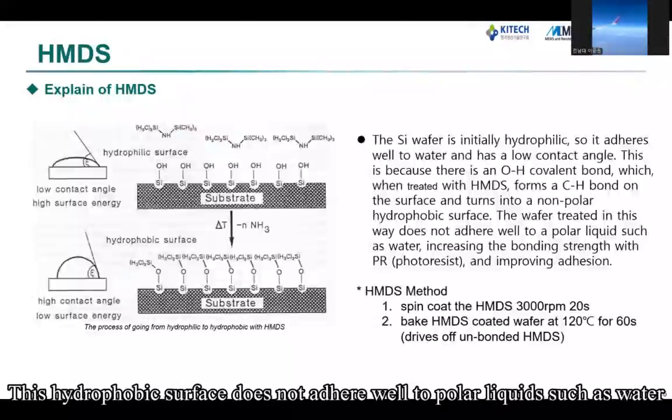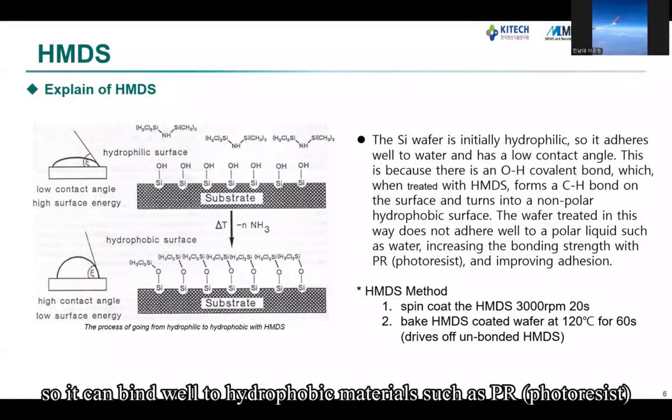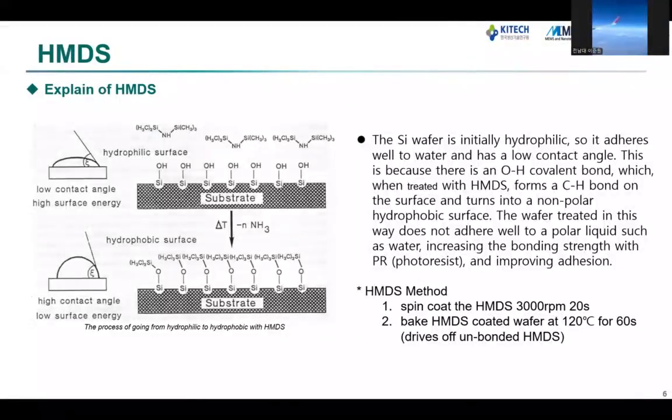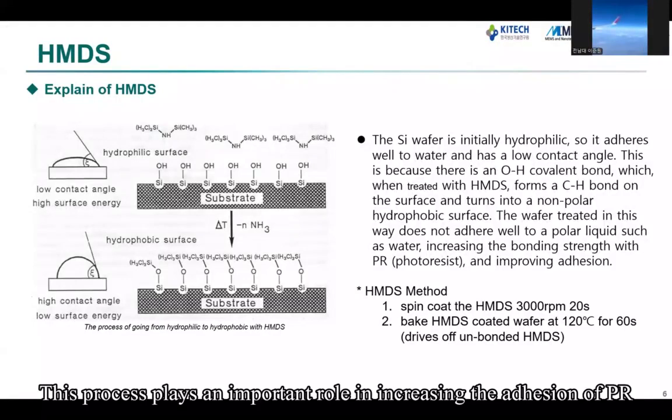This hydrophobic surface does not adhere well to polar liquids such as water, so it can bind well to hydrophobic materials such as PR photoresist. This process plays an important role in increasing the adhesion of PR.